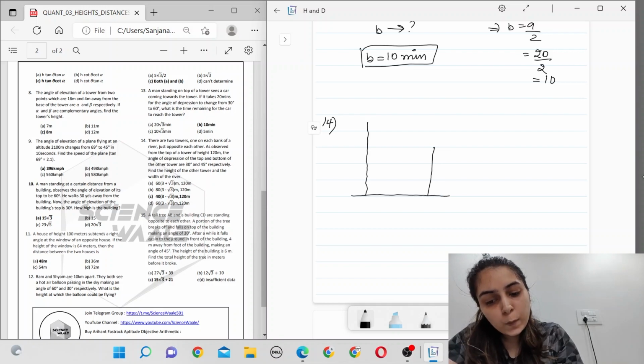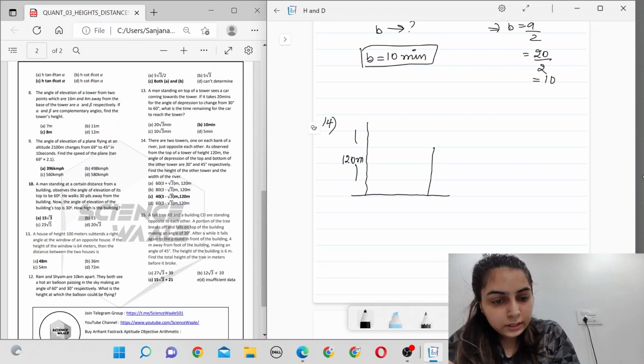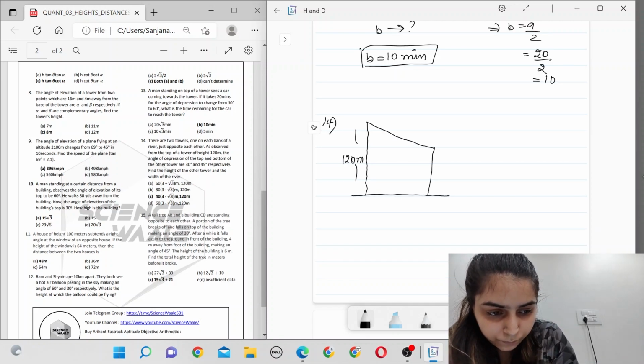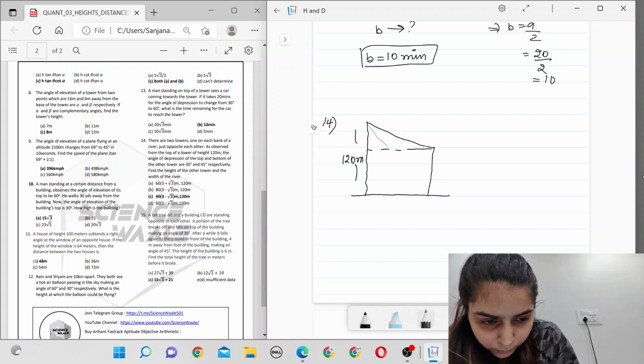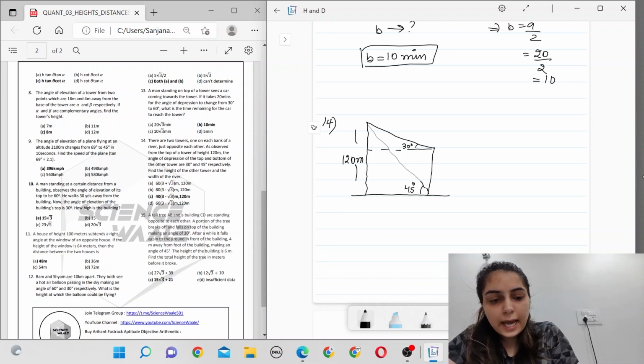The height of this tower is 120 meters. The angles of depression of the top and bottom of the other tower are found to be 30 and 45 degrees respectively.